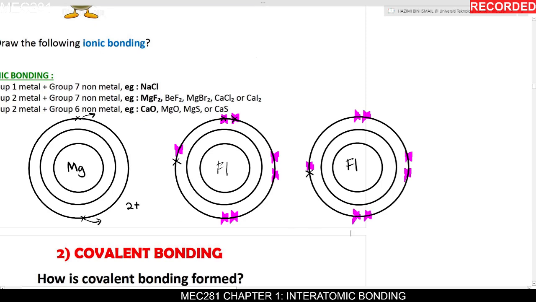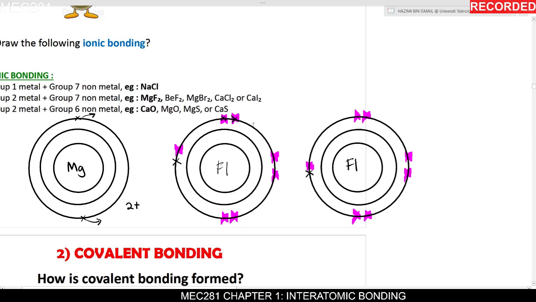Okay, so now 1 magnesium has to release 2 electrons. So 1 electron must be received or acquired by 1 atom of fluorine, and the other one also has to be accepted by 1 atom of fluorine.